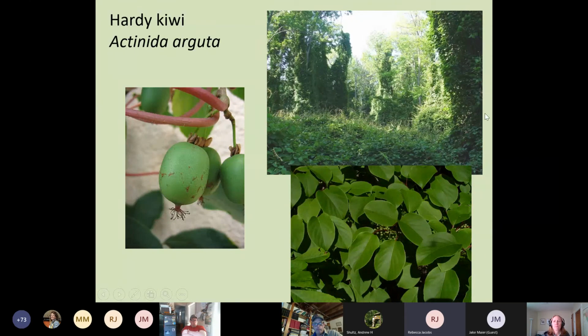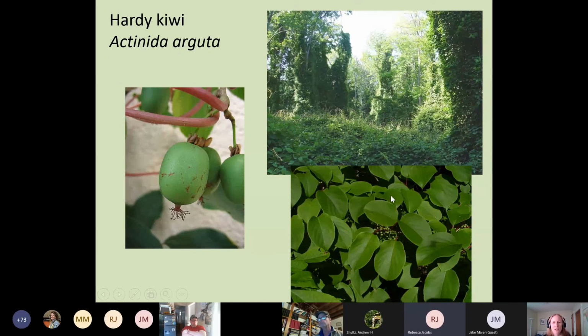So this is definitely a plant that I have seen here in mid-coast Maine, but very intentionally planted and managed to a greater or lesser degree and known by the landowners. So that's hardy kiwi.